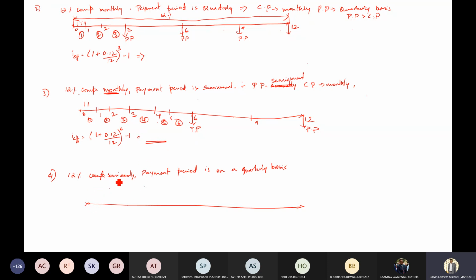Now, 12% compounded semi-annually, payment period is on a quarterly basis. So this is an interesting case.